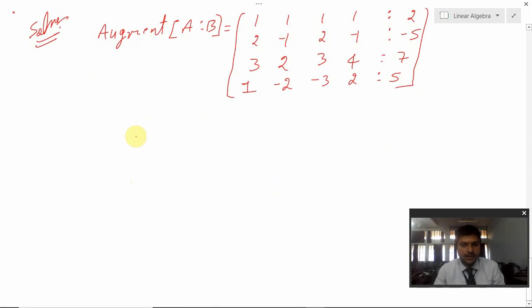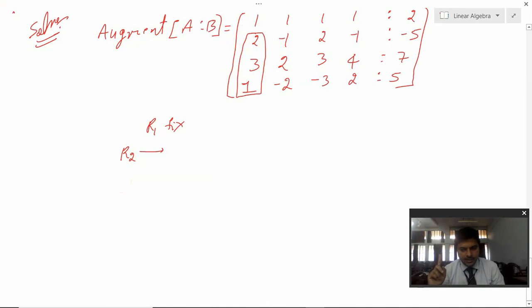Okay, so I will always fix R1. Next go for R2. So when you do R2, I want to make these four terms 0. I will fix R1 as it is.